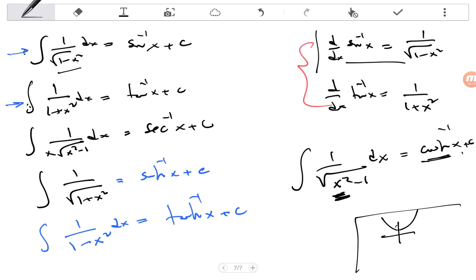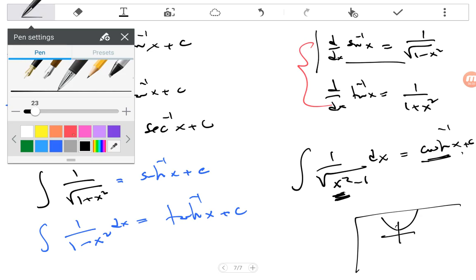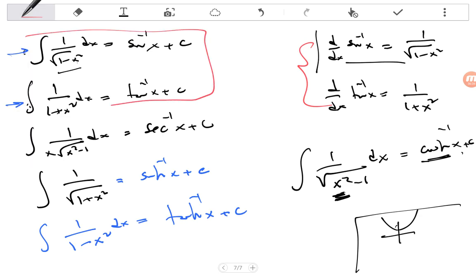So when I have x squared minus 1, it reminds me that it is the inverse of the greatest of the hyperbolic functions, which is cosine x. Okay, so these are the two basic rules with changing the sign, plus this one.